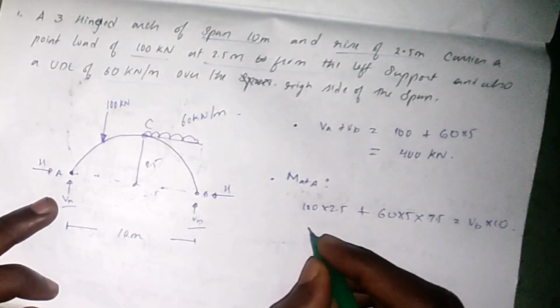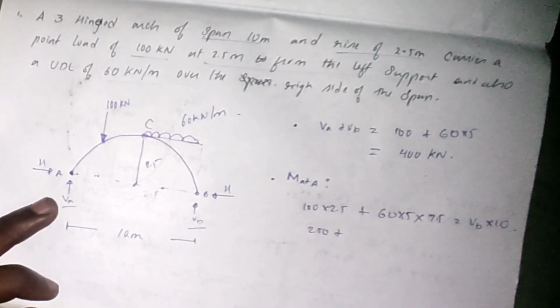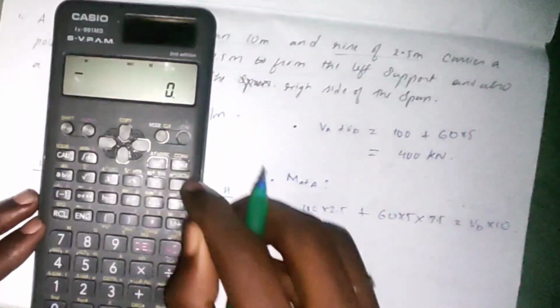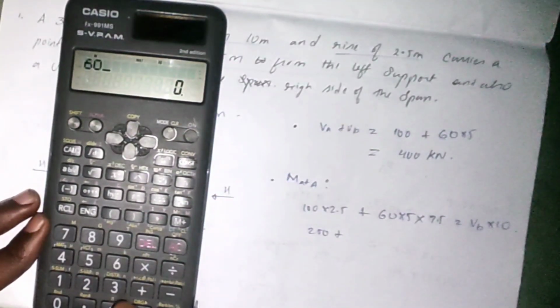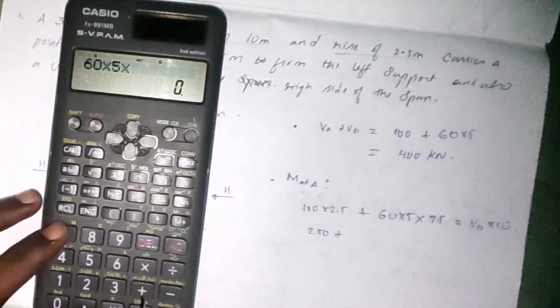If you solve this, 250 plus 60 into 5 into 7.5.